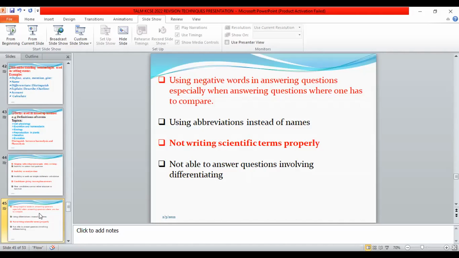Then the other reason, they are not able to write scientific terms properly. We have seen that when we are writing scientific terms, we have the genus name starting with a capital letter, the species name starting with a small letter. Those names must be correctly spelled.